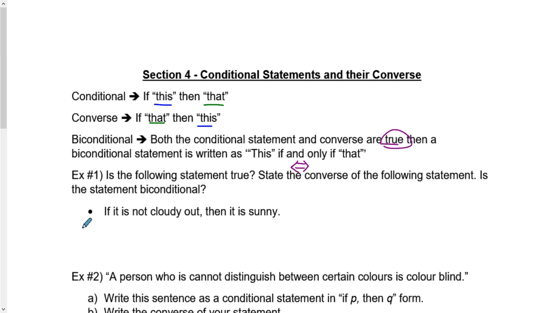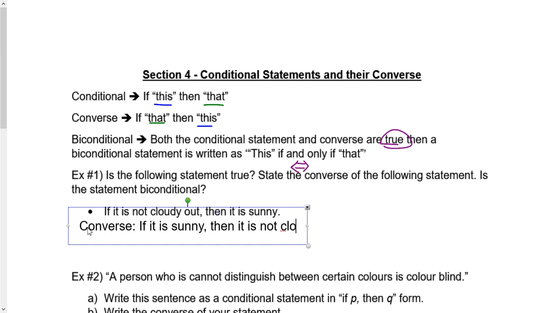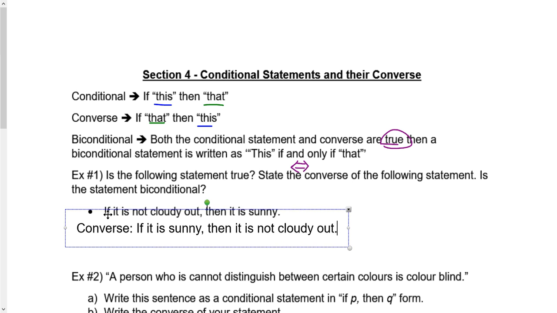The converse of it, I'm going to type these out instead of writing them, would basically be saying, if it is sunny, then it is not cloudy out. It's just switching up the two situations.